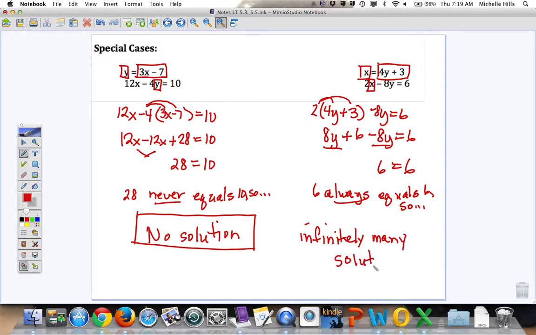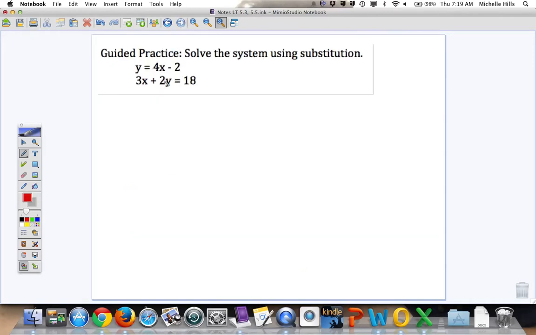Now, please pause the video and go and do that last problem for yourself first, and then restart the video and come back and check it with what I'm going to do. So I look at this and I see y equals 4x minus 2. So I go to the second equation, and where I see y, everything else gets copied down. It's parentheses where the y was. y is going to be replaced with 4x minus 2.